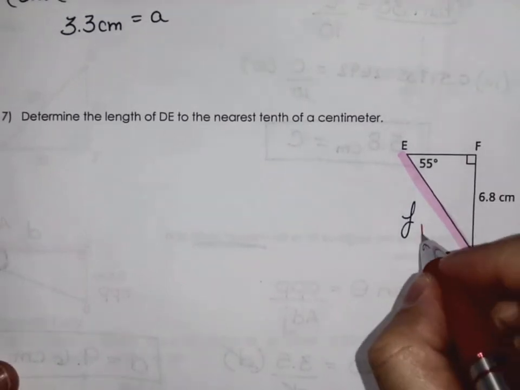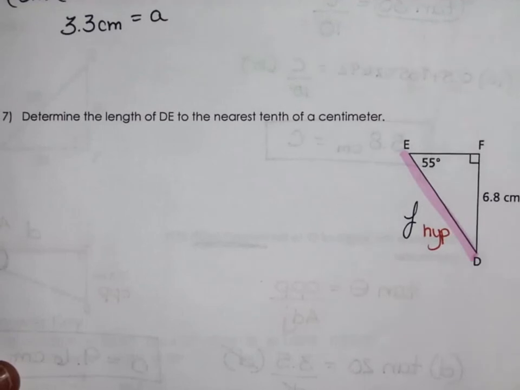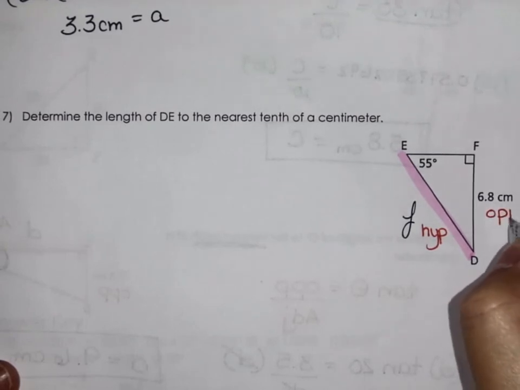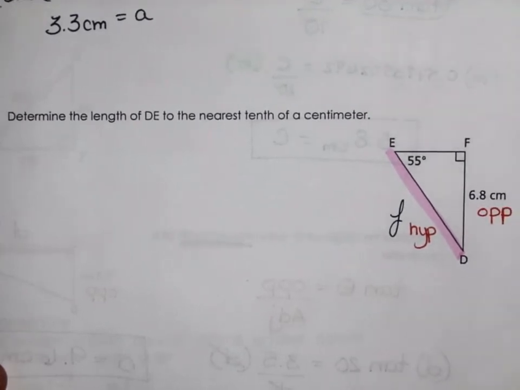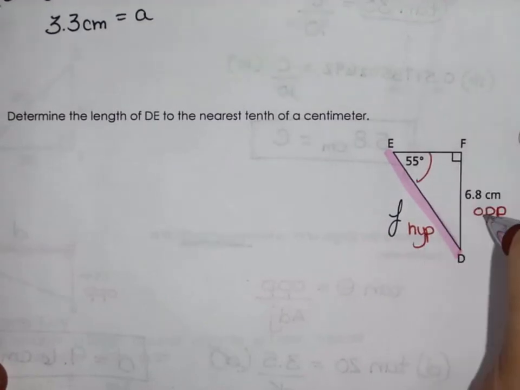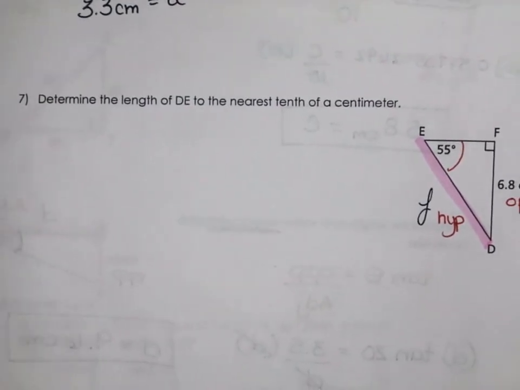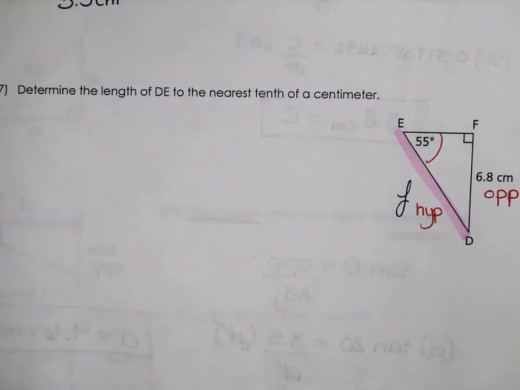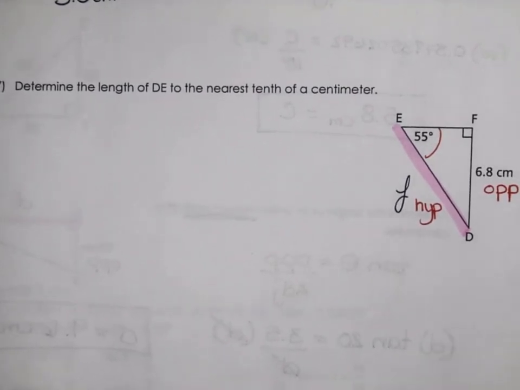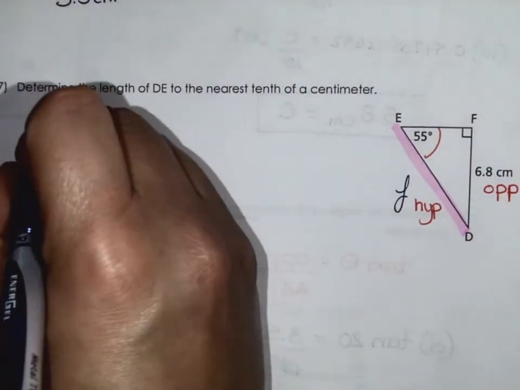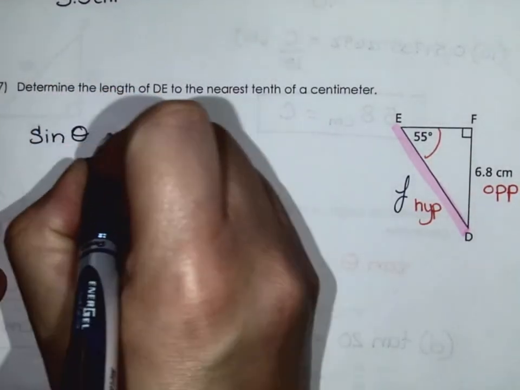That one's nice and easy to spot. That's my hypotenuse. And that's my opposite, because I'm across from the angle indicated. So this one's going to be sine.